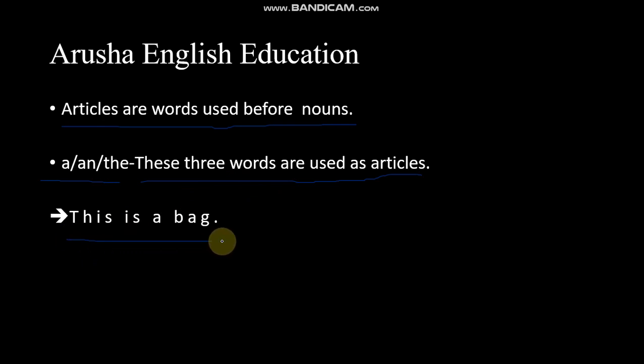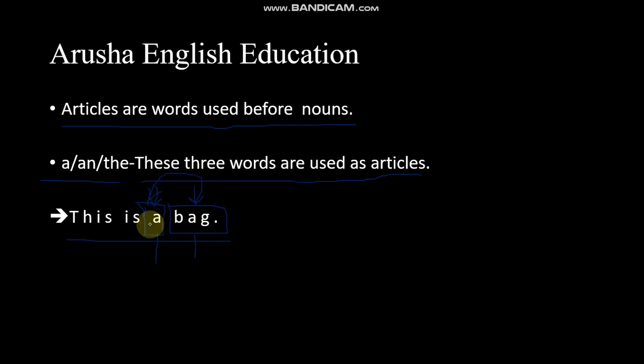This is a bag. In this sentence, bag is a noun while a is an article. So, we can clearly understand that we have used an article before a noun. Bag is a noun, a is an article, and we have used the article before a noun.